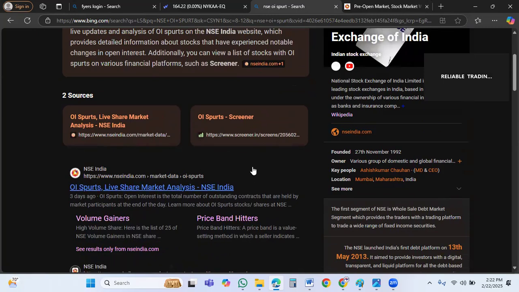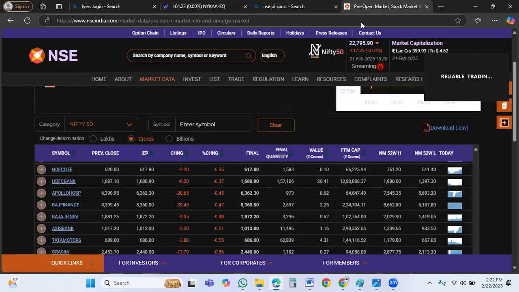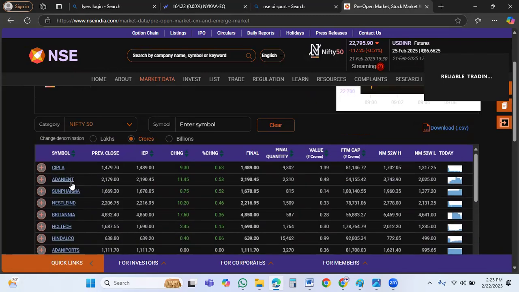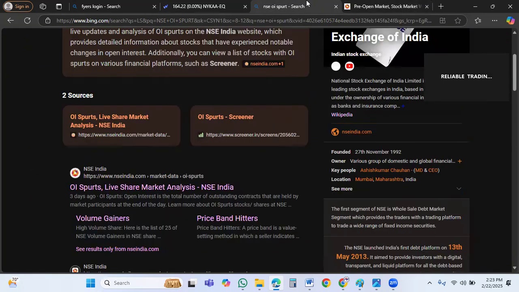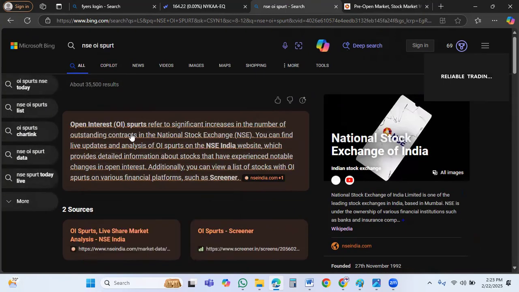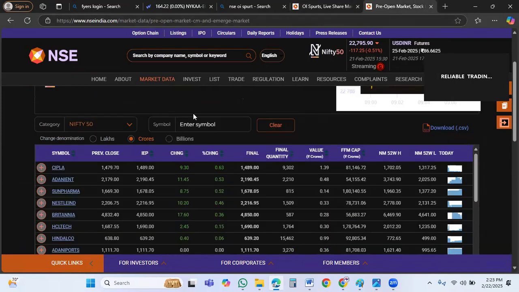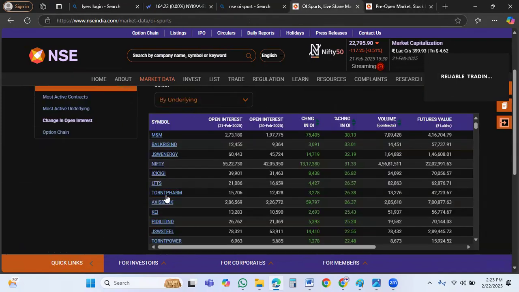So your aim is to find common stocks which came in the first 5 or 7 in the pre-open, and try to find the same stocks in the OI Spurt list. So suppose this is the list opening around 9:18 a.m. We will see if we can find a pre-open common stock among both lists.